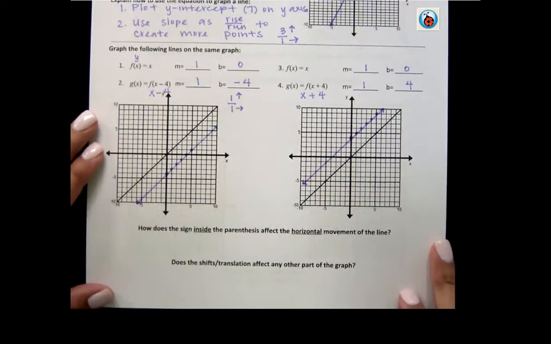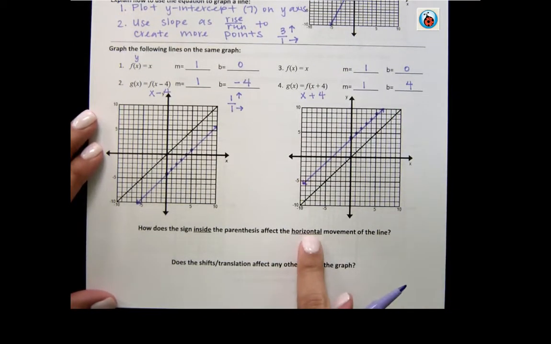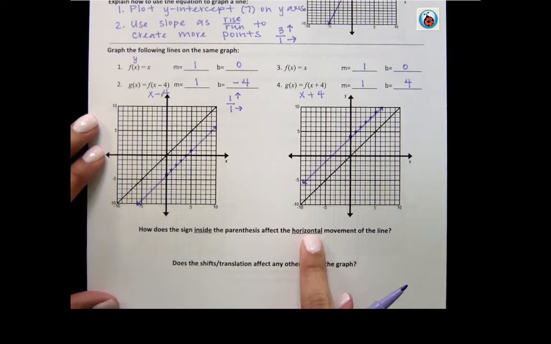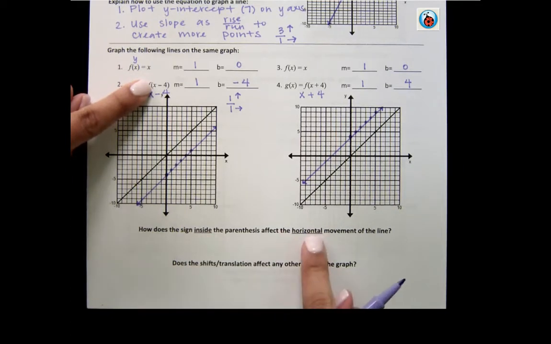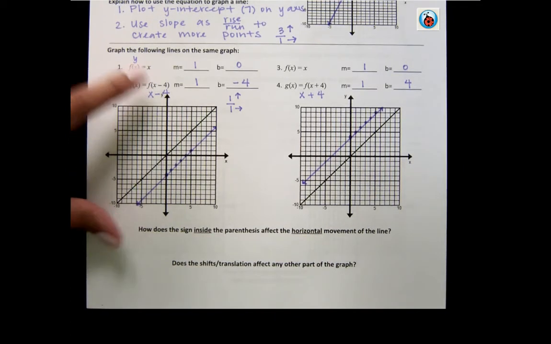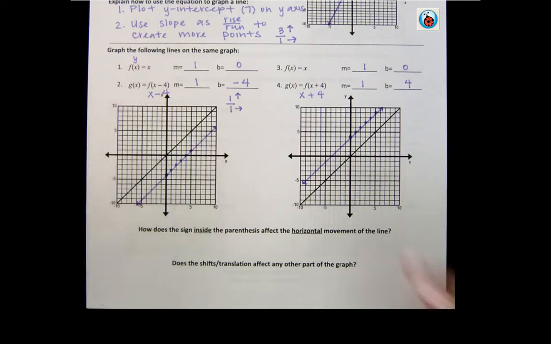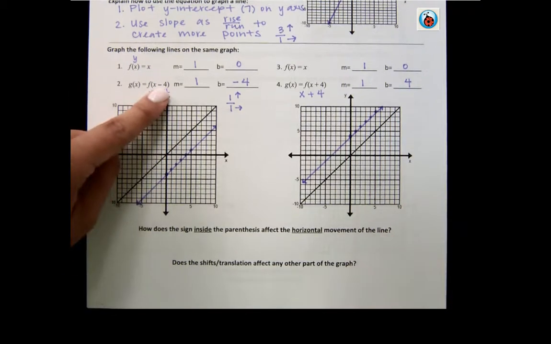Now, we're going to focus on what is happening horizontally to the original line that we had. So how does the sign inside the parentheses affect the horizontal movement of the line? Well, let's look at the first one that we had on the inside. So on the inside, we had minus 4.